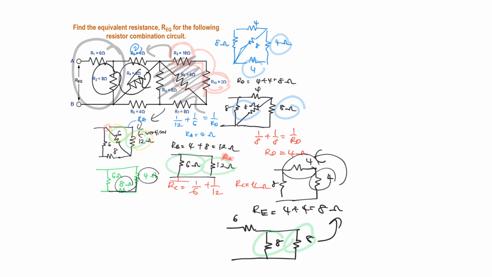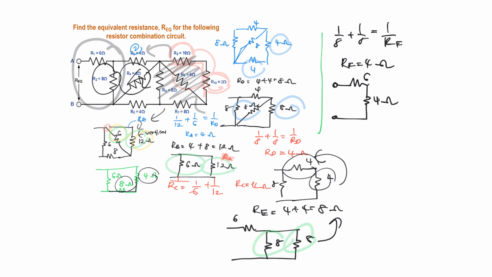So I put here 1 over 8 plus 1 over 8 equals 1 over RF. So RF, you are going to get 4 ohms. So the new diagram is, this is 6 and this is 4. So this one and this one are in series. So the final answer is R equivalent is 10 ohms, 4 plus 6.